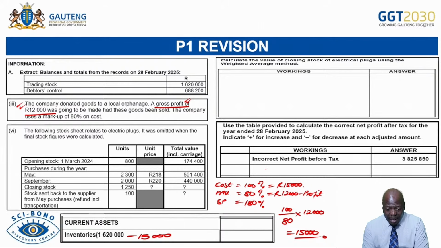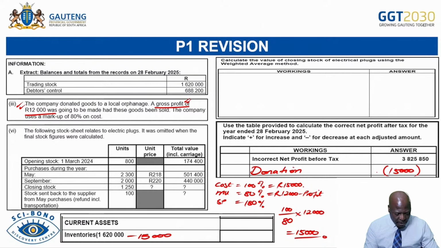And then we come here because it is an expense, so we say donation, 15,000. What are we having? An expense that was not recorded, so that expense is going to decrease our profit. So we're going to have it in brackets.